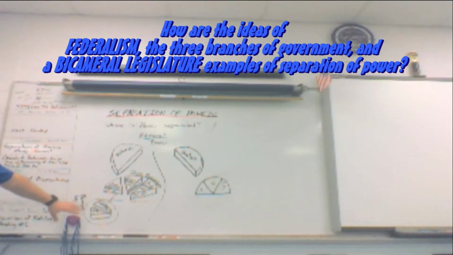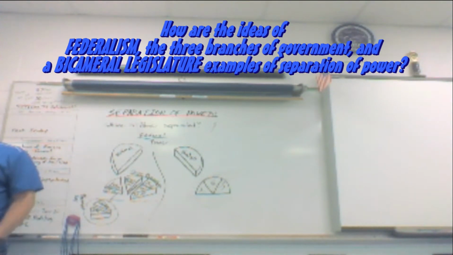That keeps this from turning into an oligarchy, right, with a small group of people. You don't want the House or the Senate to just take over all the power in the government. So that was the purpose there. Okay? So those are the three places right there where the power of the national government is separated.